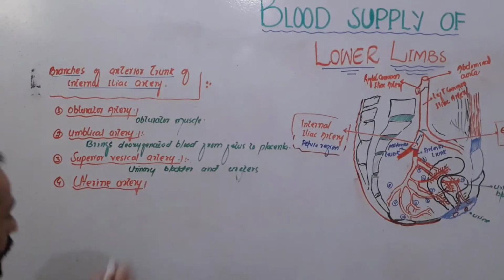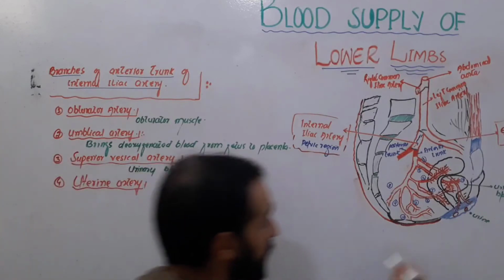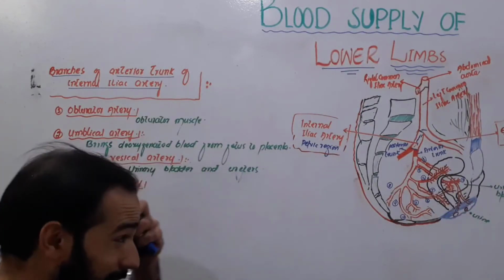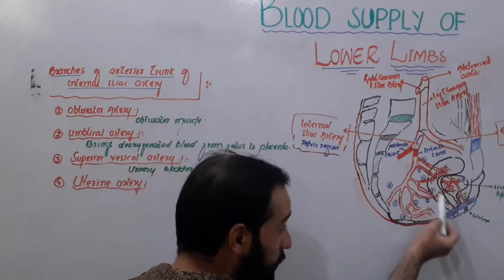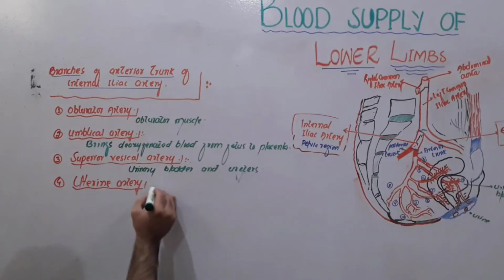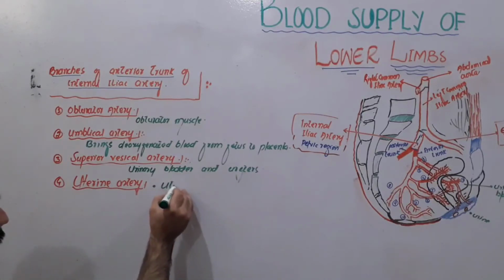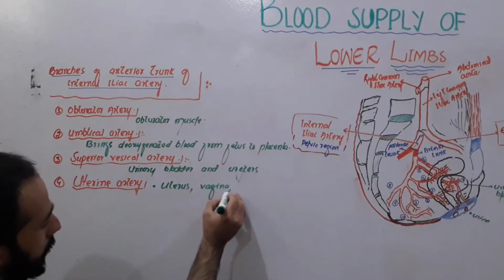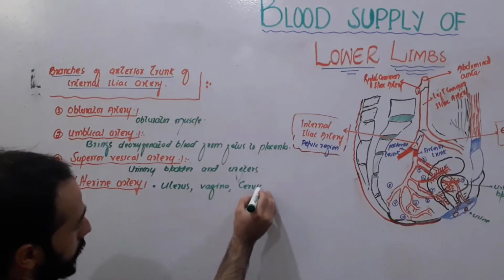This artery is responsible to supply blood to the uterus. It also gives some small branches to the cervix and the vagina, so it supplies blood to the uterus, vagina and cervix.